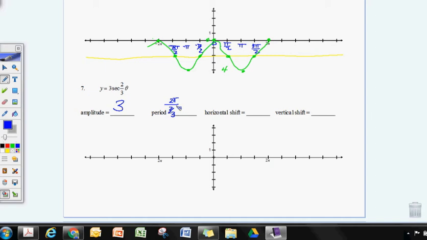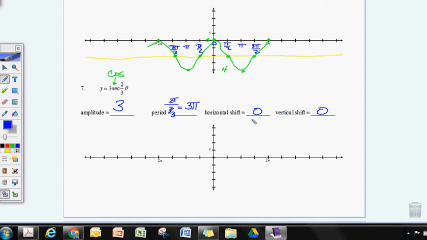So it turns out to be 6 pi over 2, or 3 pi. I just did a lot in my head. It has no horizontal shift, it has no vertical shift, but there is something that I need to notice here. This is a secant, so I am really graphing cosine for my first round.